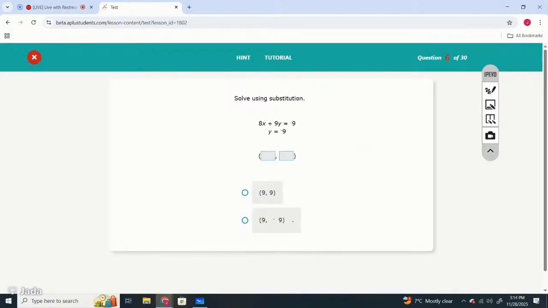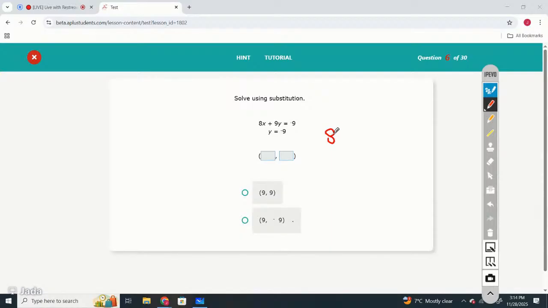Solve using substitution. 8x plus 9y equals negative 9.